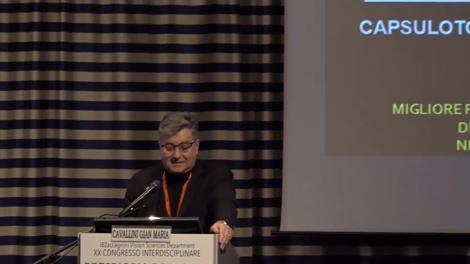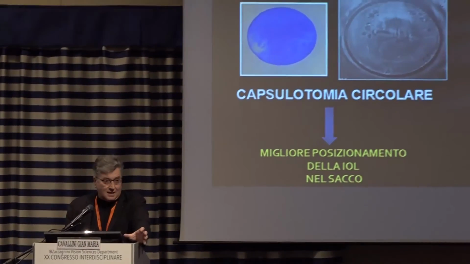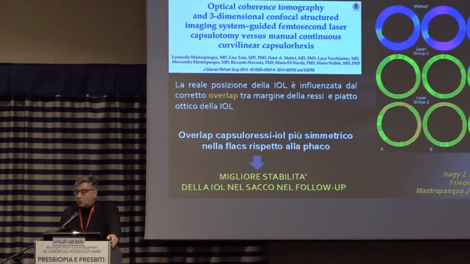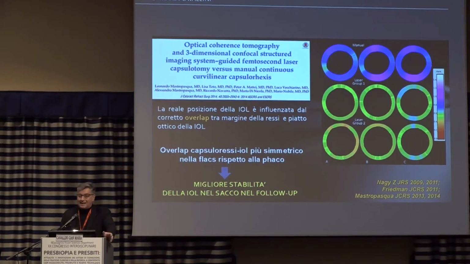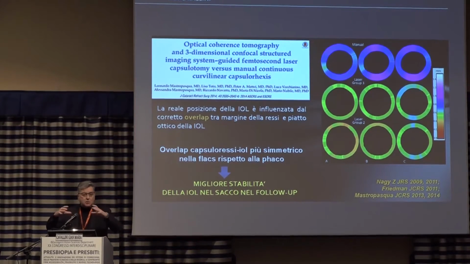Here, size and circularity were also assessed, and with laser capsulotomy, there were big advantages. The Italian school with Mastro Pasqua also found that circular capsulotomy is very fruitful. And here you have the overlap concept. The capsule has to rest on the periphery of the lens so as to create more stability in the lens.